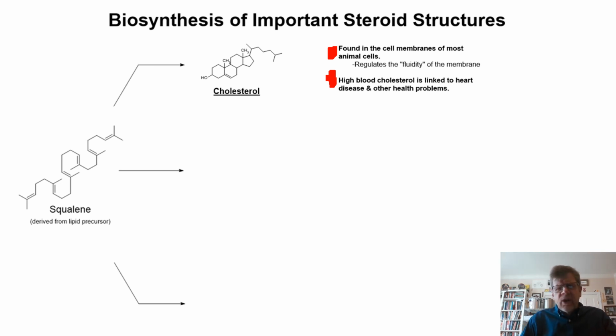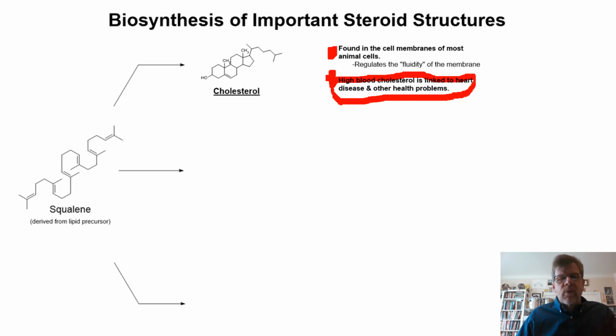However, it is only when we get too much cholesterol within our animal systems, within our biological processes, that we get these problems occurring, that of heart disease, other health problems, and that sort of thing.